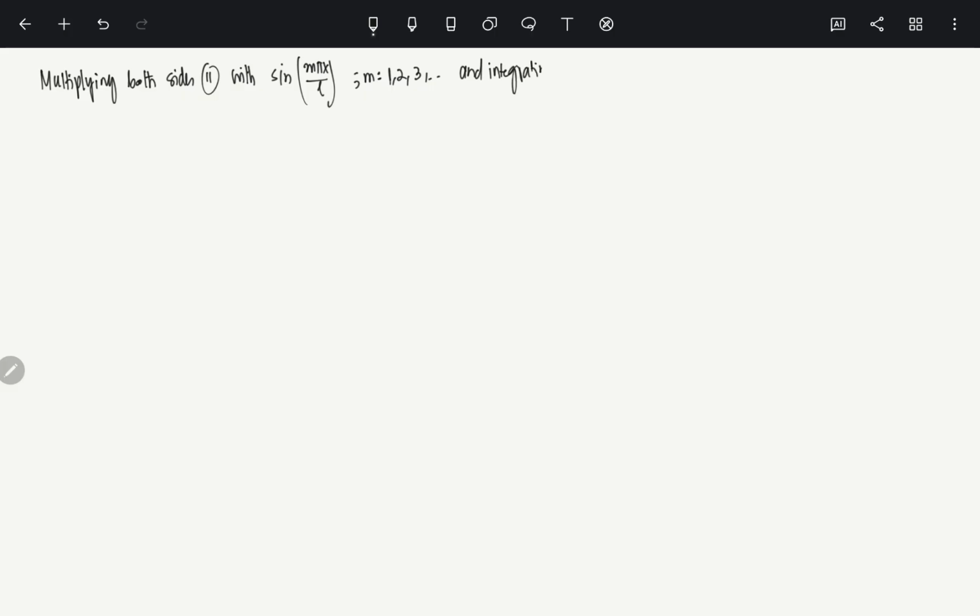What do you have? We have un double prime of t plus lambda n square un of t equals hn of t.